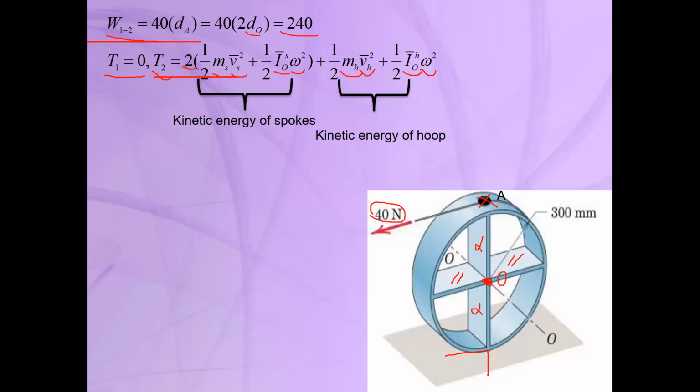Okay, similar to the previous example, you can use another form of the kinetic energy. I mean, instead of about the mass center, you can write the kinetic energy about this point C. Here, instead of half m v squared plus half I omega squared, we will have half times I about C times omega squared.